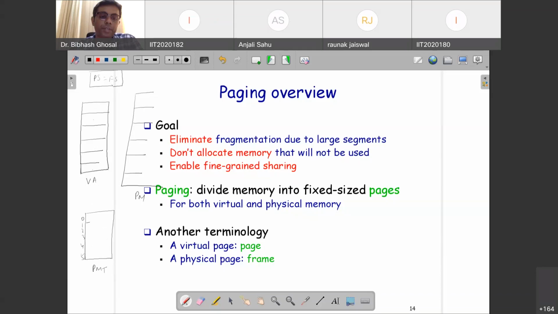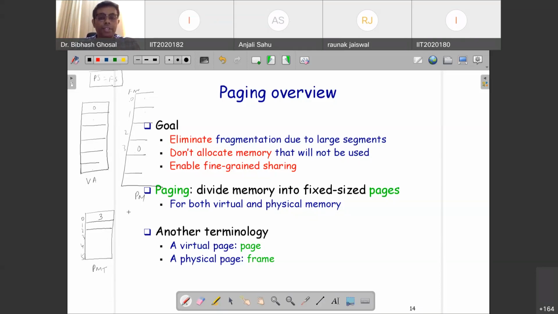And what each entry of a page table contains is the equivalent frame number. So if this is frame number 0, 1, 2, 3, page number 0 corresponds to frame number 3. This is the idea of paging.